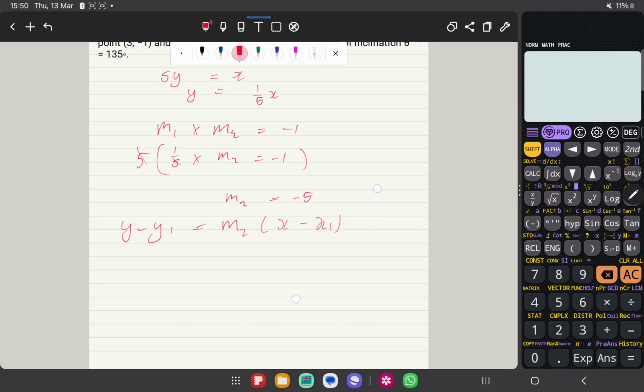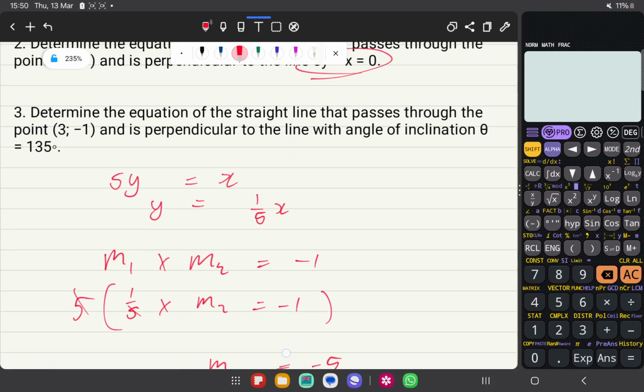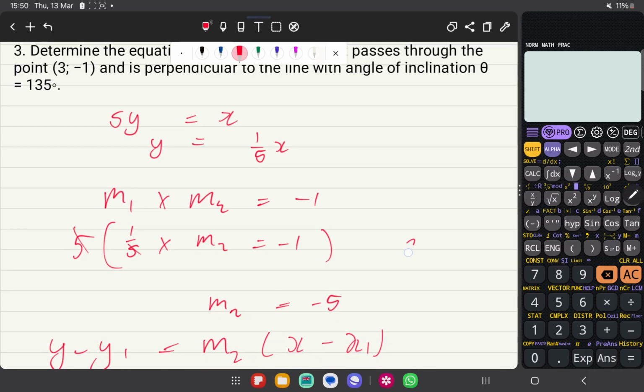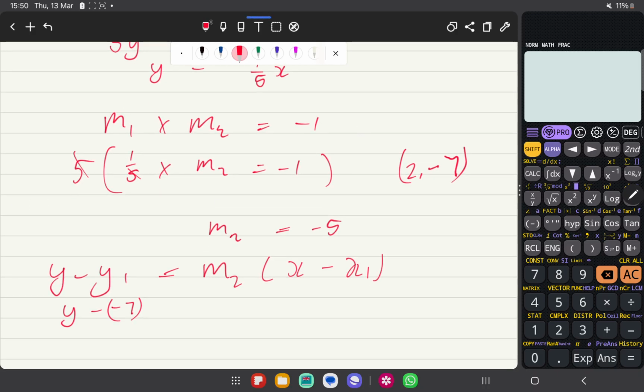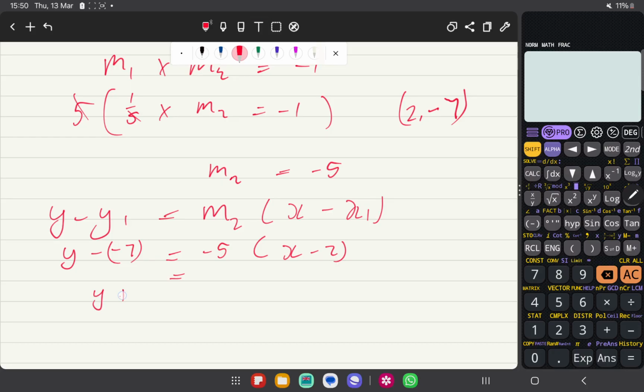My points are 2 and minus 7. So I have y minus minus 7 equals minus 5 times x minus 2. So y plus 7 equals minus 5x plus 10.